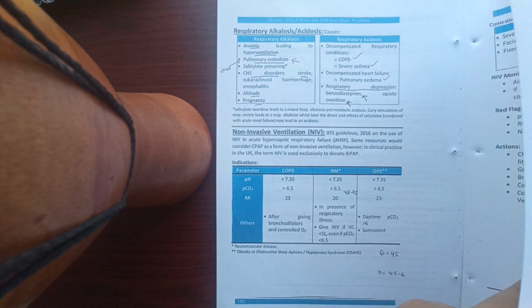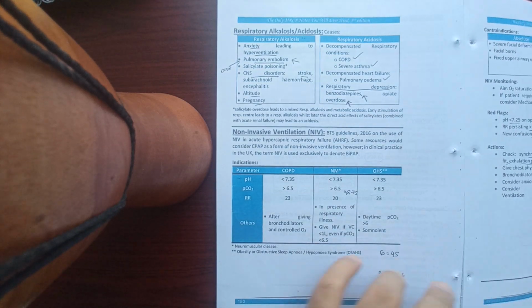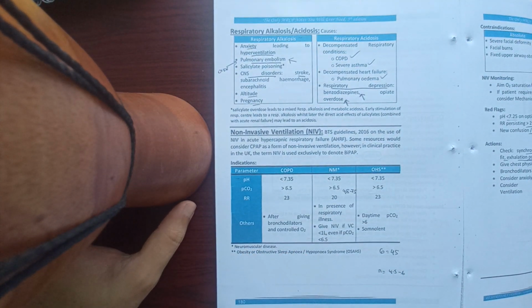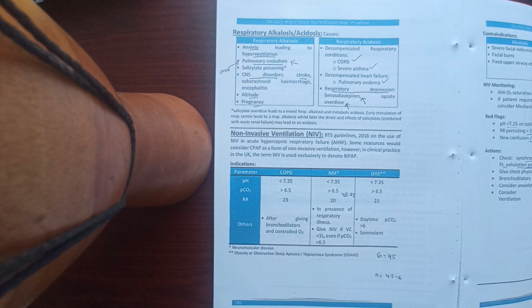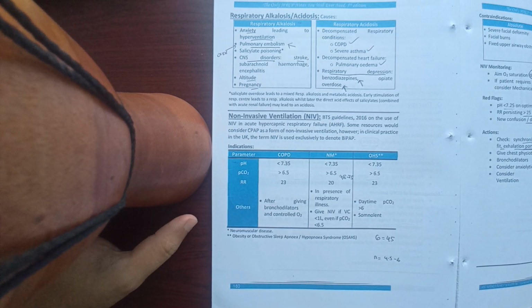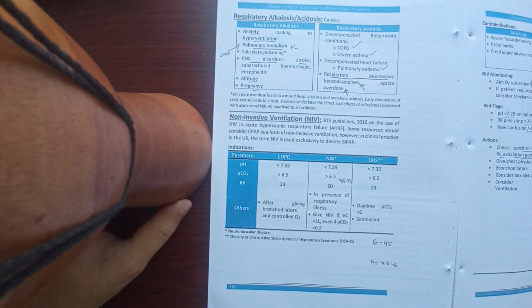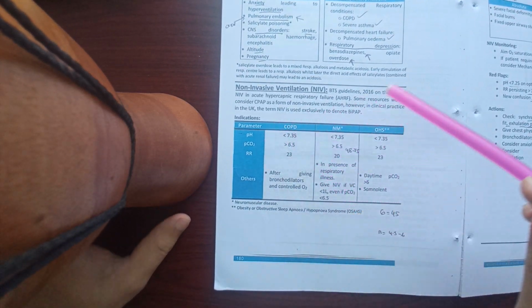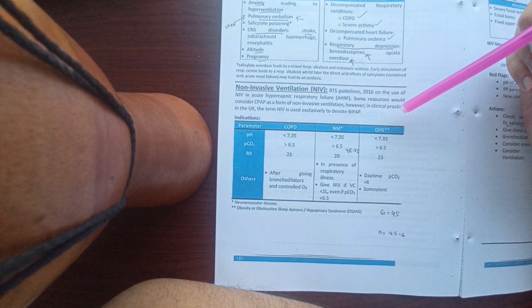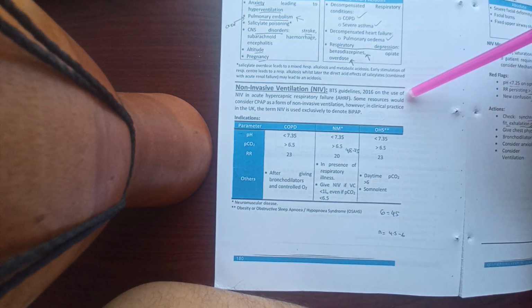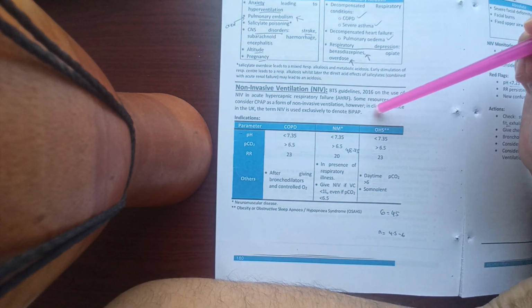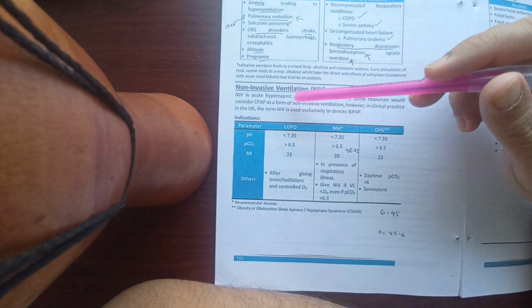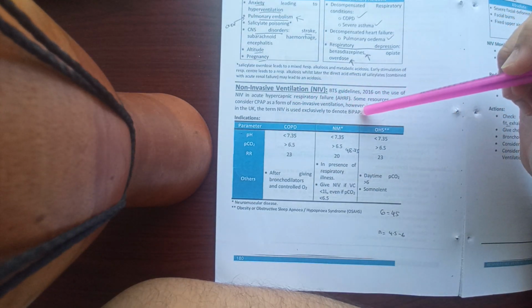Okay, NIV. Non-invasive ventilation. BTS guidelines 2016 on the use of NIV in acute hypercapnic respiratory failure. Some resources would consider CPAP as a form of non-invasive ventilation. However, in clinical practice in the UK, the term NIV is used only to denote BiPAP.